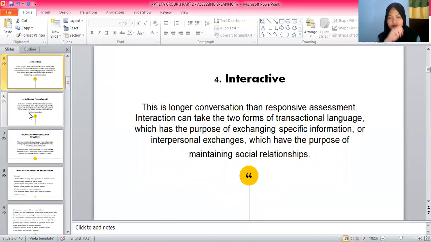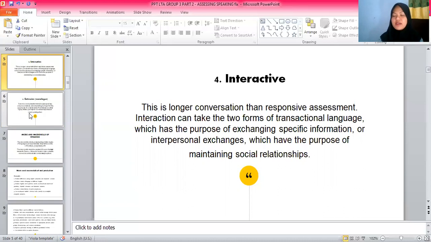Then the fourth type of speaking is interactive. Interactive is quite different from responsive because this is a longer conversation than responsive assessment. Interactions can take two forms: transactional language, which has the purpose of exchanging specific information, or interpersonal exchanges, which have the purpose of maintaining social relationships.